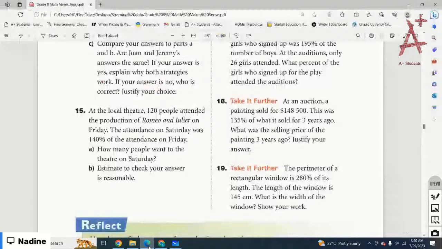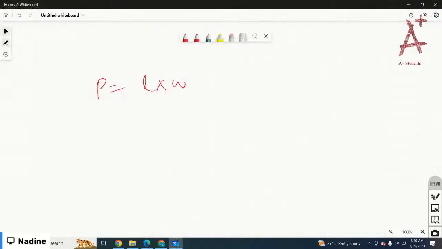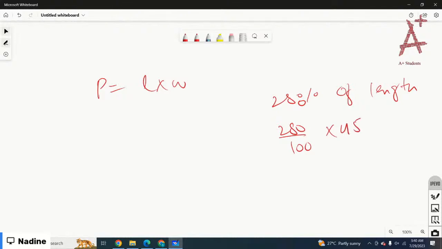Let's just calculate the perimeter first. 280% of length. Length is 145. 280 over 100 times 145. So it is 280 over 100, that is 2.8 times 145. So 2.8 times 145 is 406.